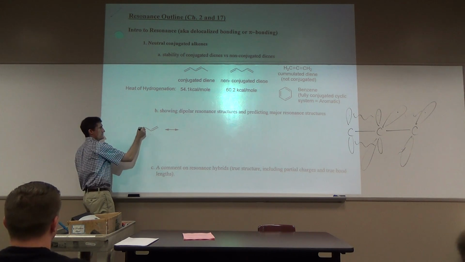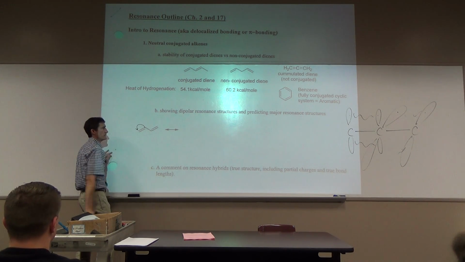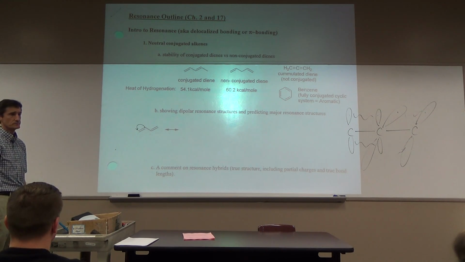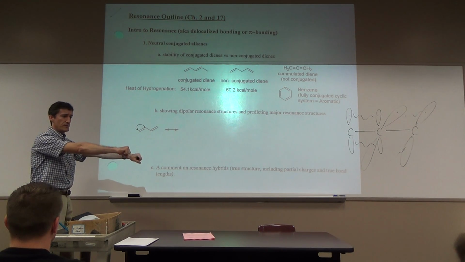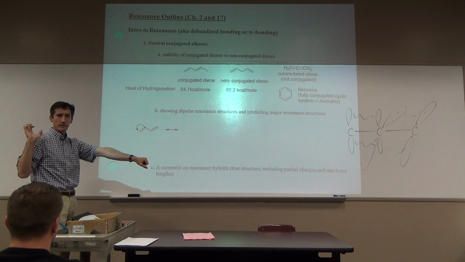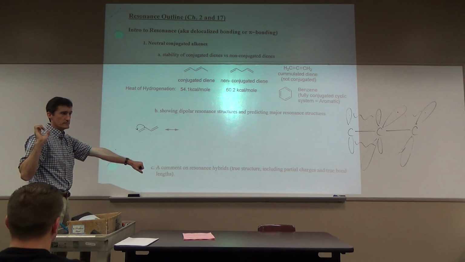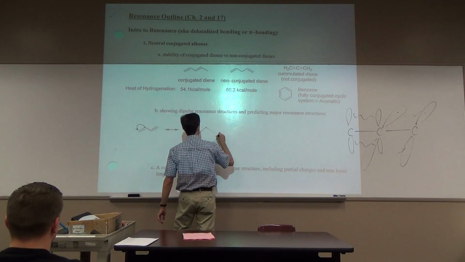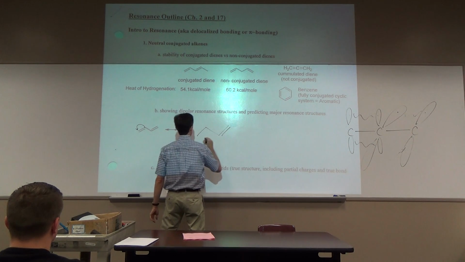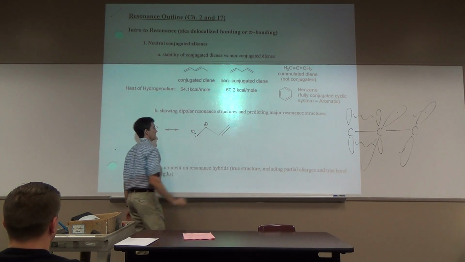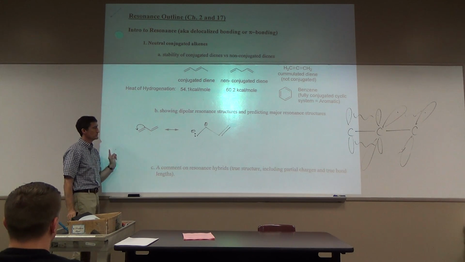For example, what if I just move these electrons here? Pi bond. What if someone grabs my hand and just moves the electrons here? Now I'm going to be a lone pair. Here and plus there. We could go backwards.